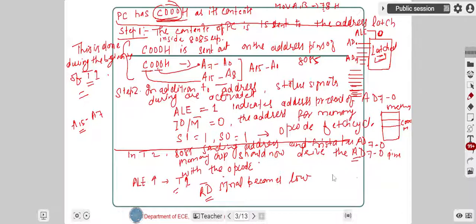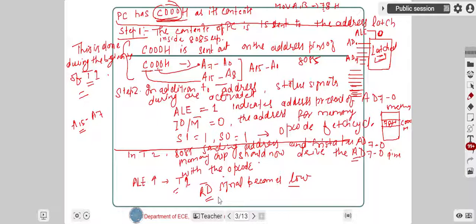So fetching the opcode from the memory means it is reading. This CPU is reading some data from this memory, and that data is the opcode 78H. This opcode will be fetched by the CPU as soon as this RD bar signal becomes low, because this means read, and read means the memory read operation.